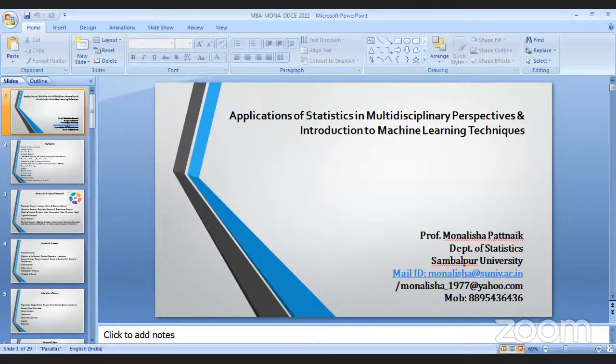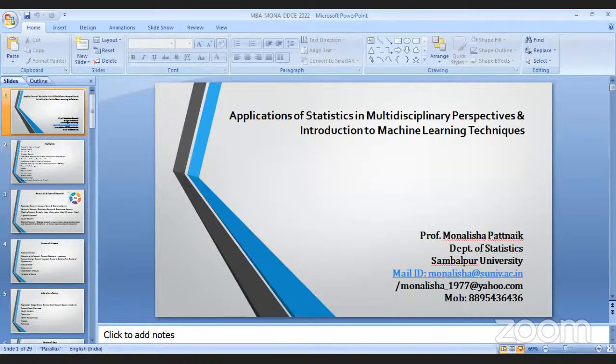So research and types of research first we'll discuss, then the research process: how to actually go for research, what the initial steps are. That is literature review, literature overview, and the different types of research, so that we can apply the research methodology or statistical tools.